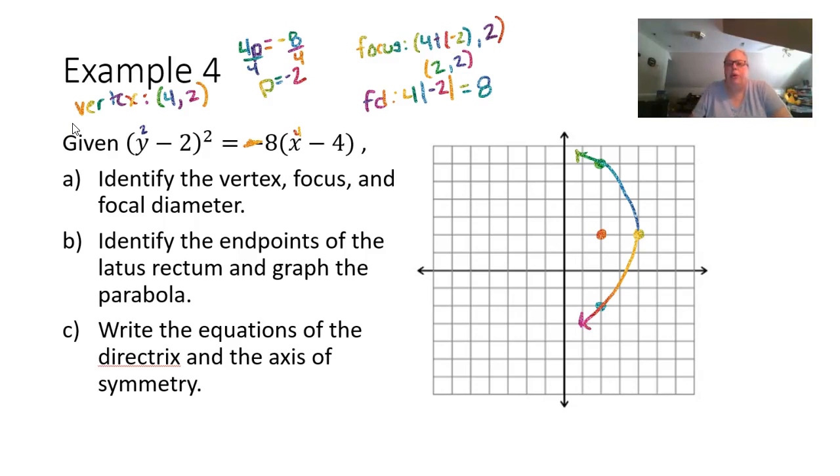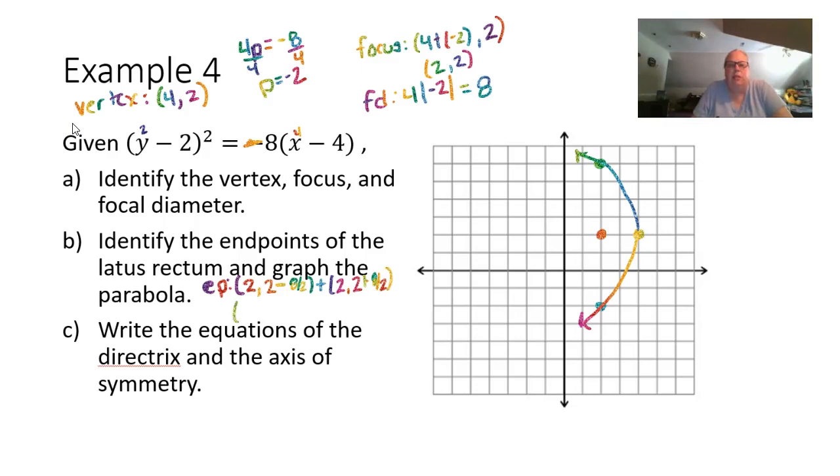And then those endpoints, which we've already graphed, let's see if we can figure that out. We are going to keep the x coordinate of the focus, which was positive 2, and then we are going to take the y coordinate and we're going to subtract half of that focal diameter, and we're also going to take that y coordinate and we're going to add half of that focal diameter.